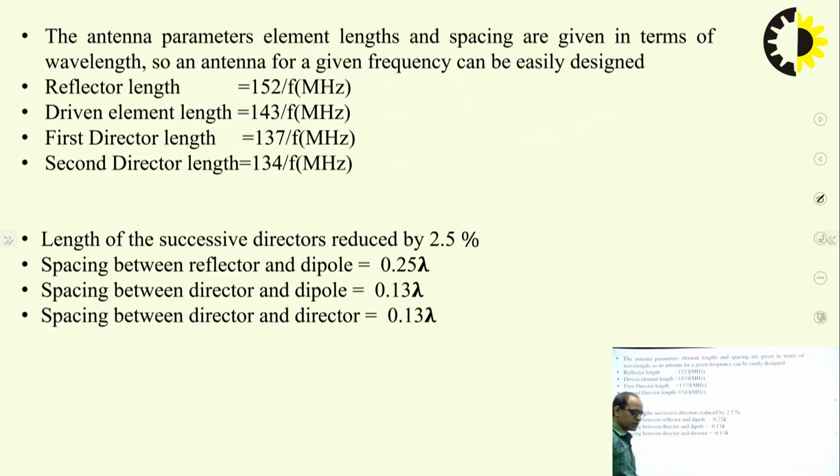So there are some design equations, design formulas, for constructing a YAGI UDA antenna.